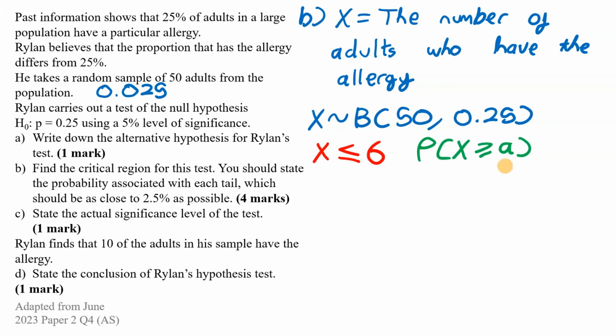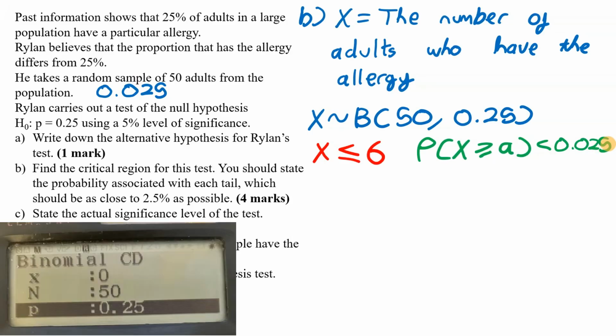So we need to find the first value of a where the probability that x is bigger than or equal to a is less than 0.025. Because your calculator can only find it the other way, we're going to plug in values of x into our calculator and find the first probability that is bigger than 0.975.